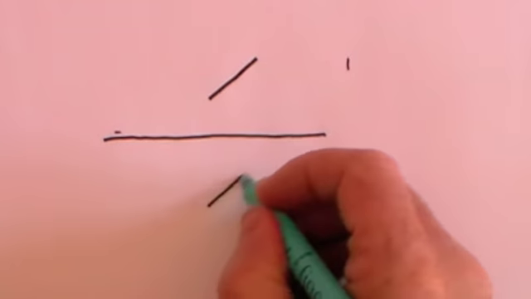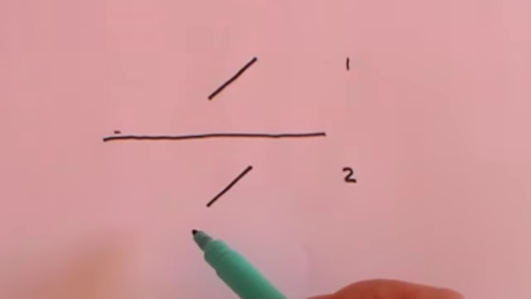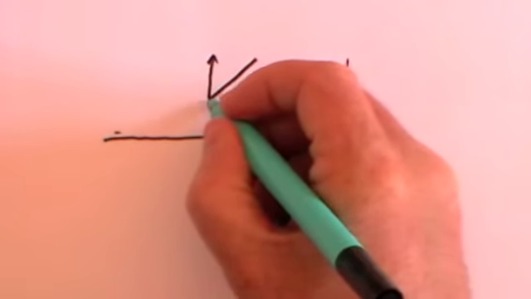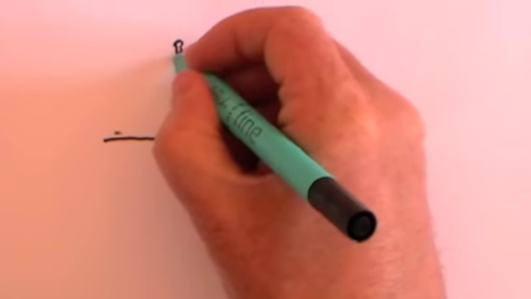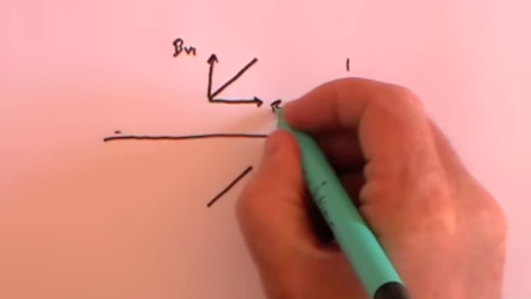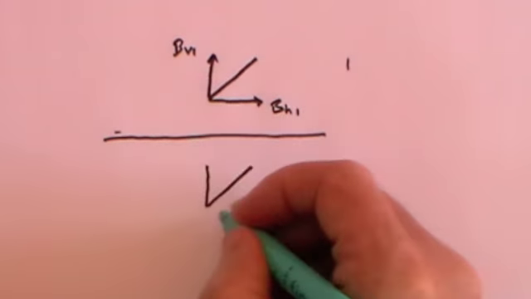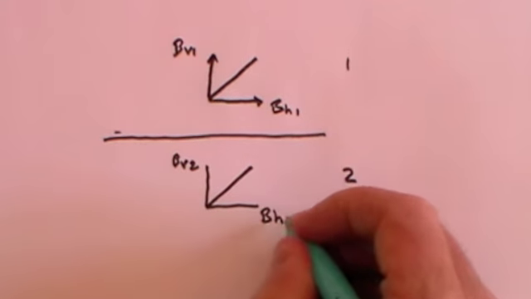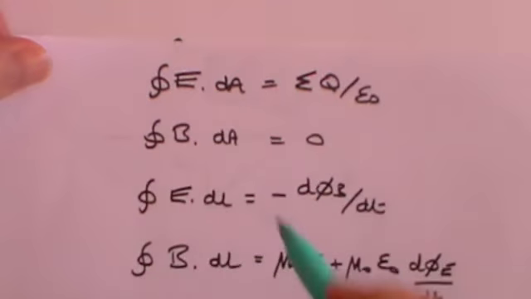So let's say that those are the B fields of the wave that is moving from medium 1 to medium 2, and they can be split into their coordinate parts, BV1, the vertical component, and the horizontal component BH1 in medium 1, and the vertical component BV2 and the horizontal component BH2 in medium 2. And the Maxwell equation that we're using is the second.